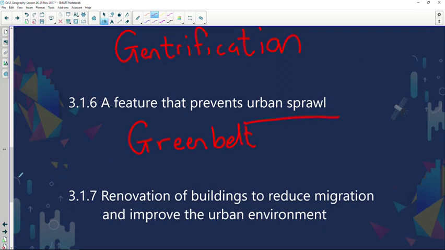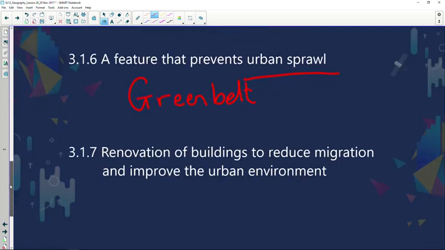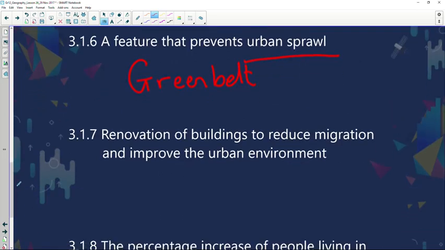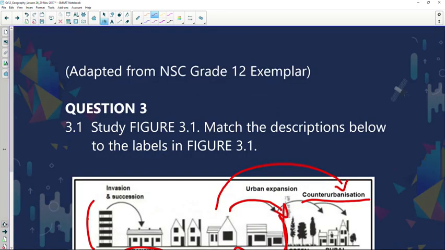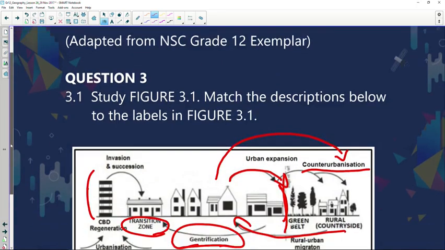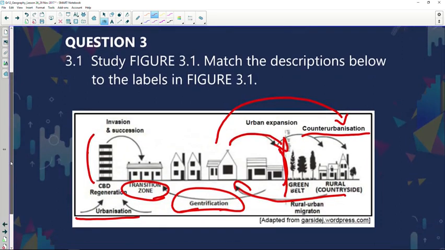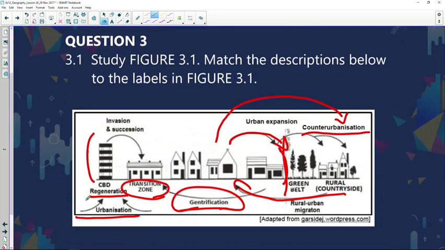And 3.1.7, a renovation of buildings to reduce migration and improve the urban environment. So to improve the urban environment, what we can do is regeneration. And where can you find it over there? The CBD regeneration. We want people to stay in the CBD.